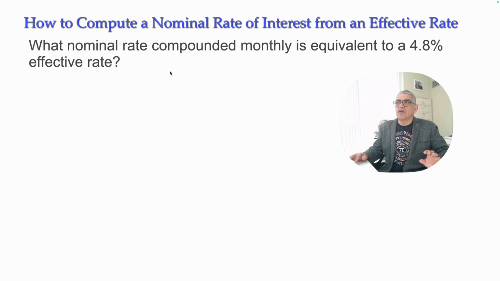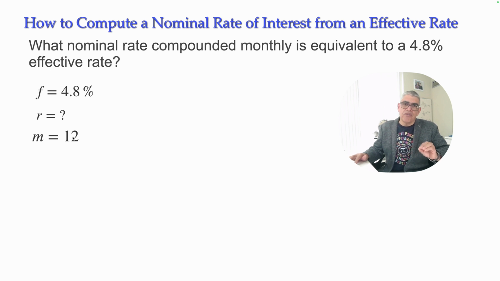So in this problem, we know the effective rate of interest, that is 4.8, and we need to compute R, the nominal rate of interest, but this nominal rate of interest is compounded 12 times per year, compounded monthly. So M equals 12. So we can use the formula of effective rate of interest to make this computation.